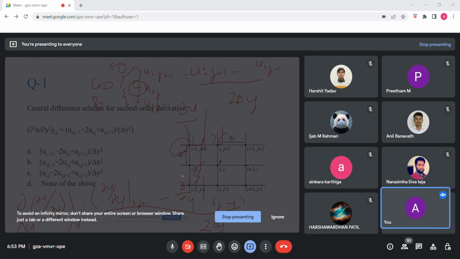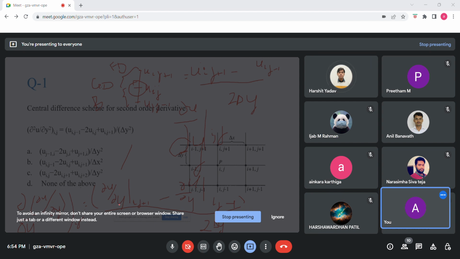Like we know the dou u by dou y at i j plus 1. If we substitute u i j plus 1 minus u i j by, similar to this, we'll get one central difference formula, right?